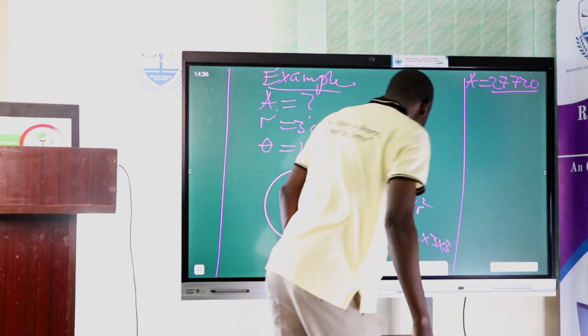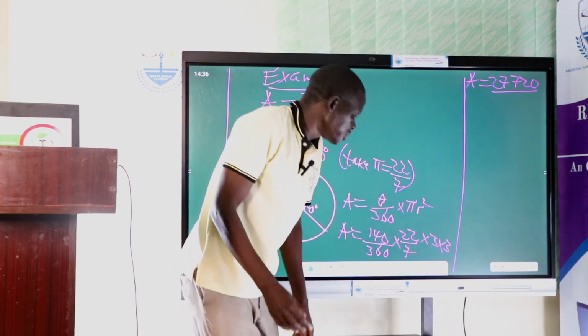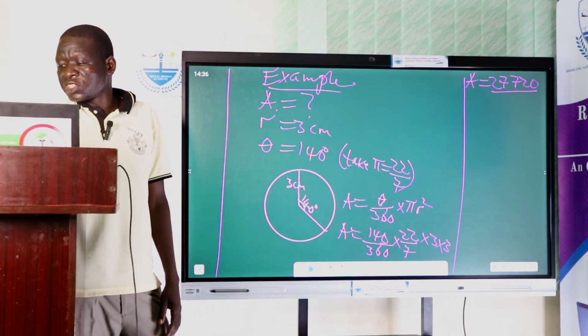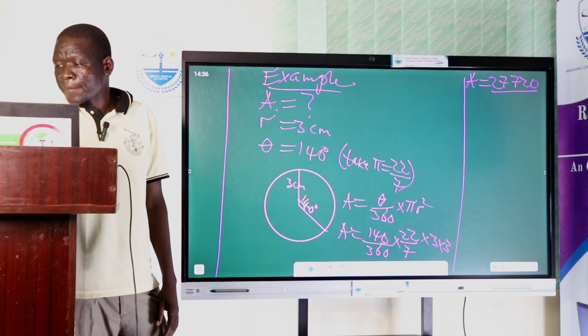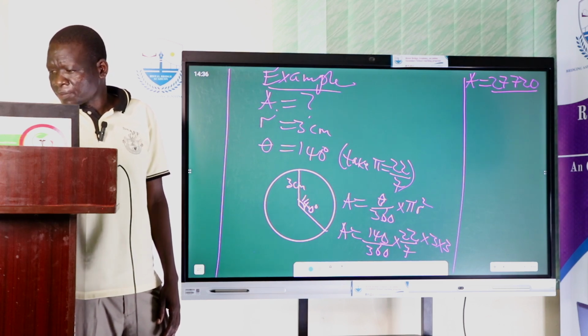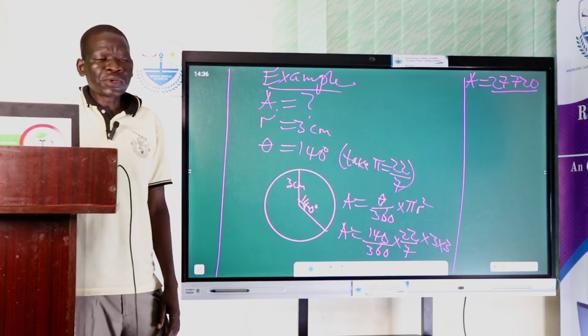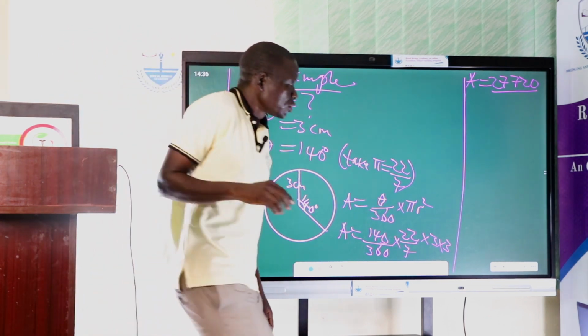All over, we are multiplying 360 by 7. We get 2,520.